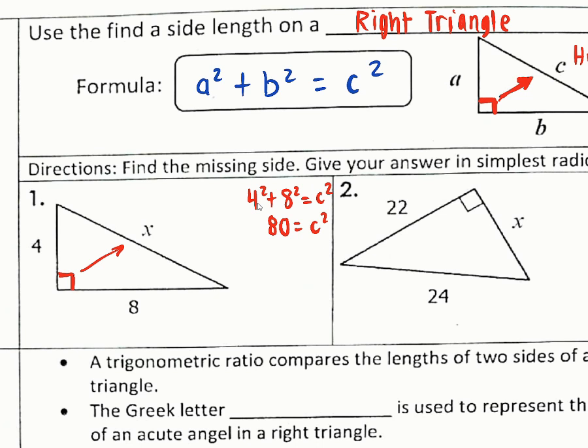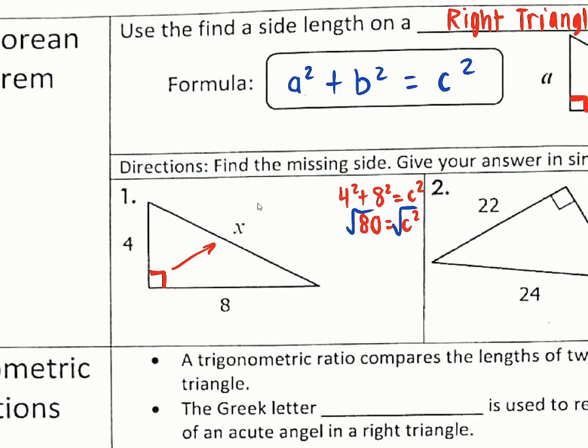So is that my answer? No. That's c squared, right? We don't want c squared. We just want c, right? So how do we just get c? We take the square root of 80. All right, let's go over here to the left side real quick, and let me remind you guys of some things.